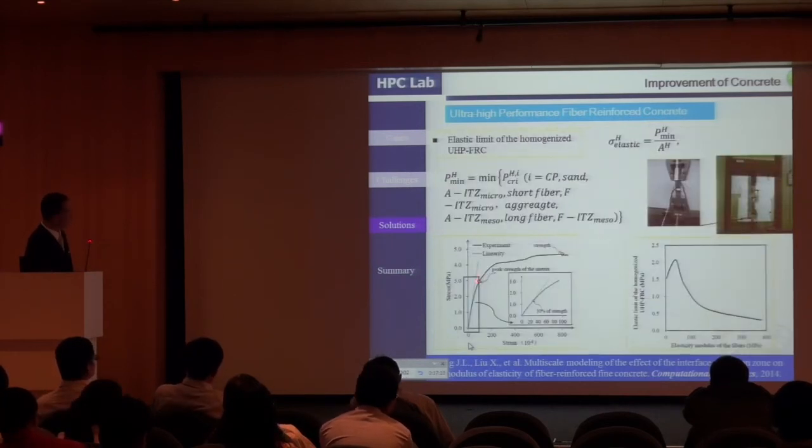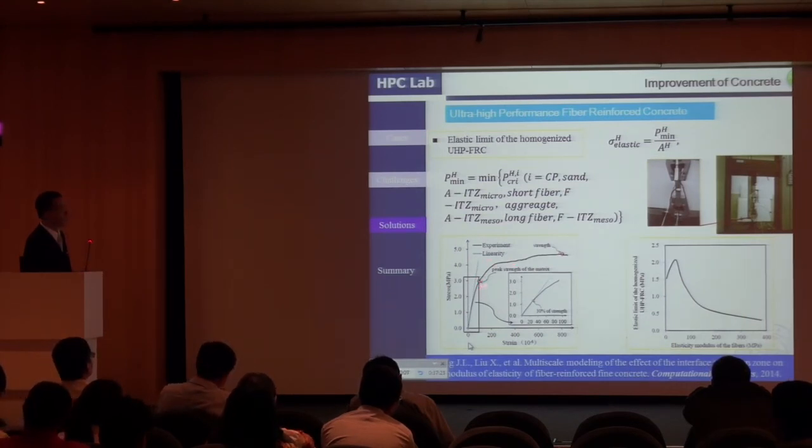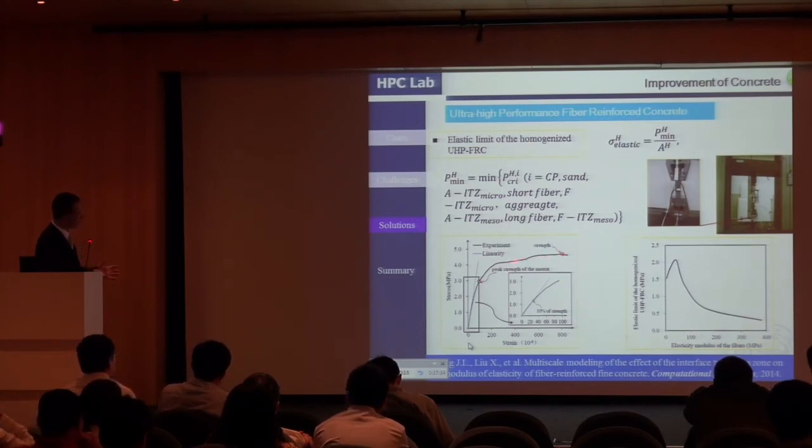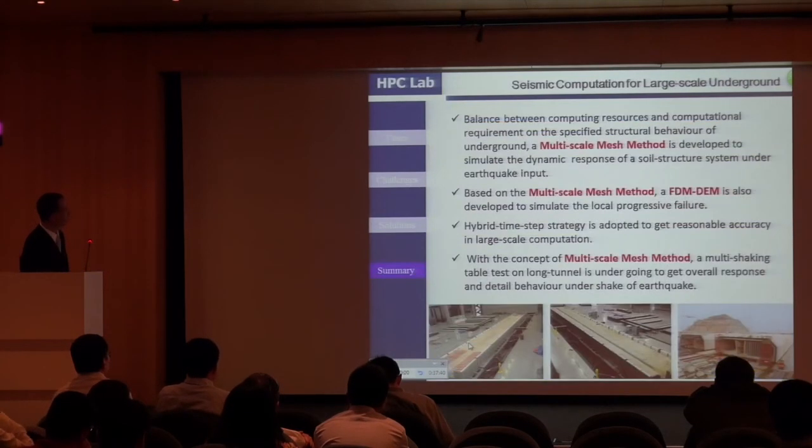Right now, we can only estimate the linearity and the elastic limits. But for experiments, the engineer wants to know the whole process, so we still need something to do.